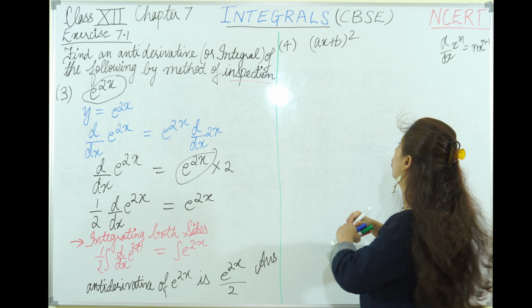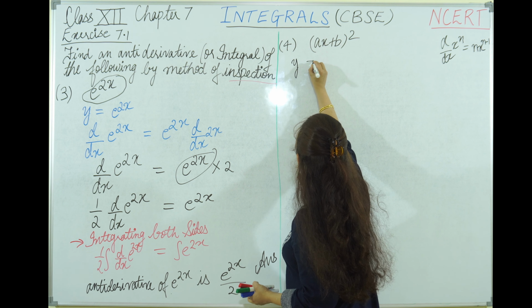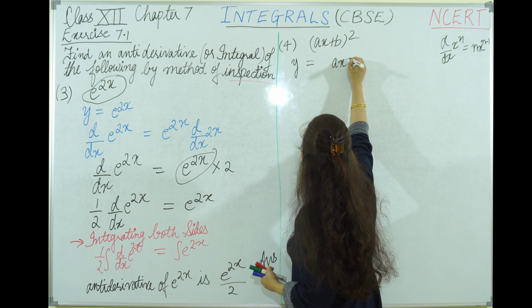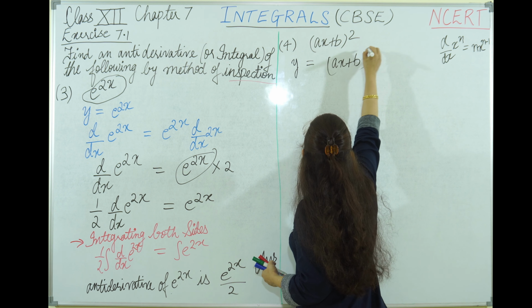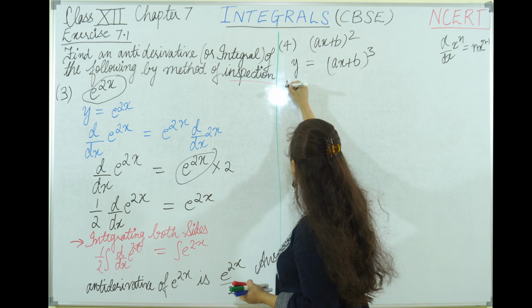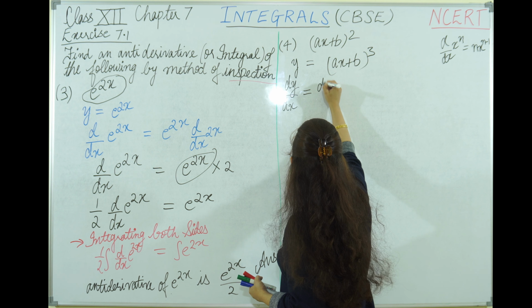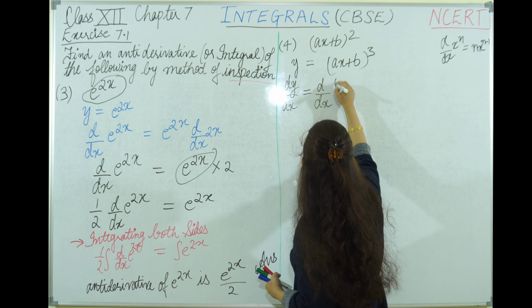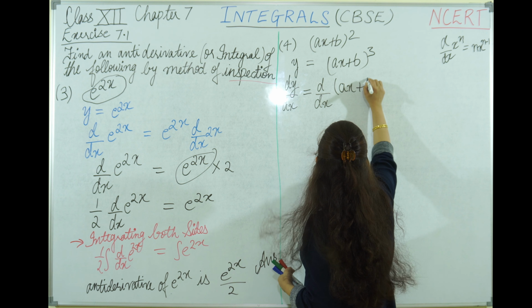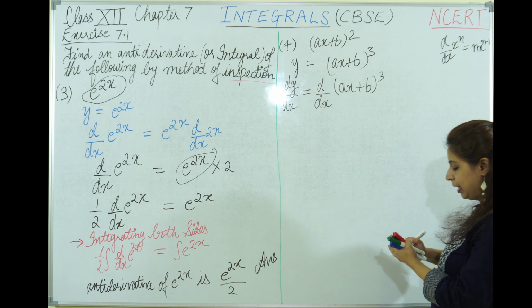So let us assume the function to be equal to (ax plus b) whole cube. Now dy over dx will be equal to d over dx of (ax plus b) whole cube. What will it be?